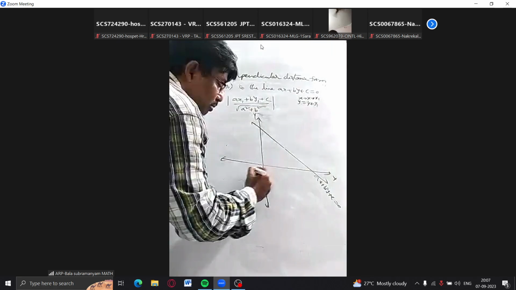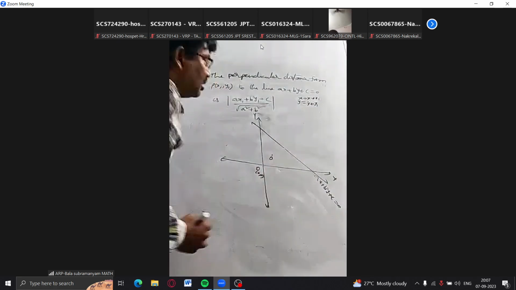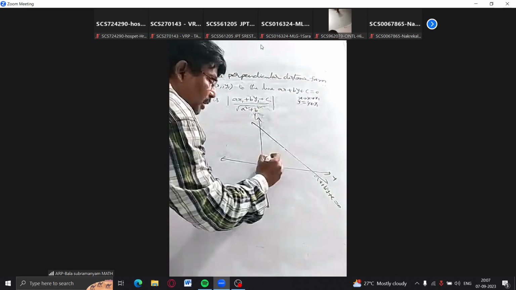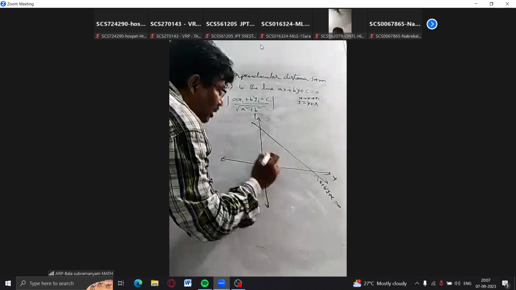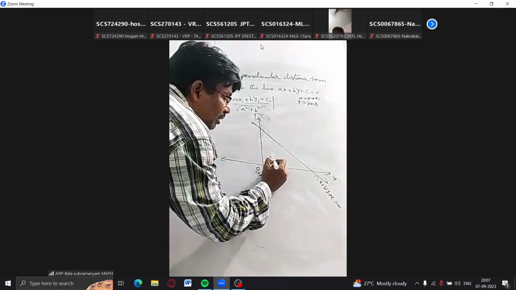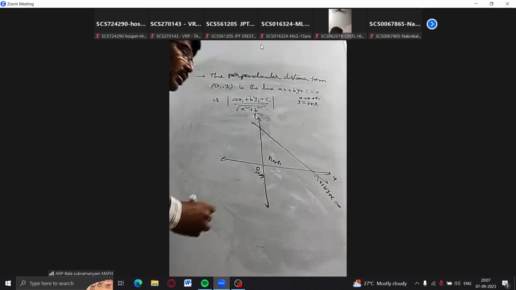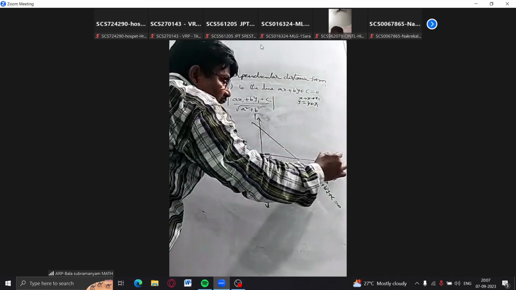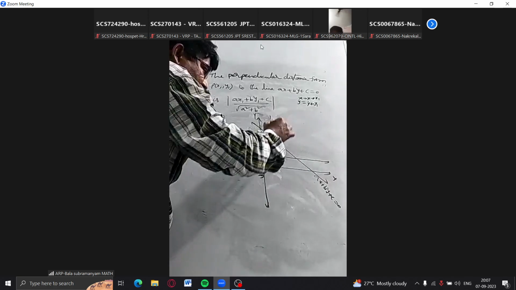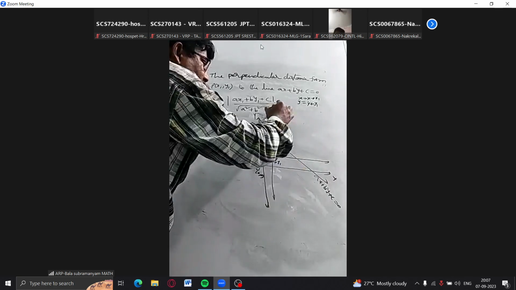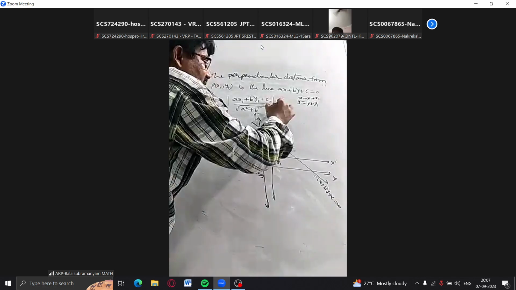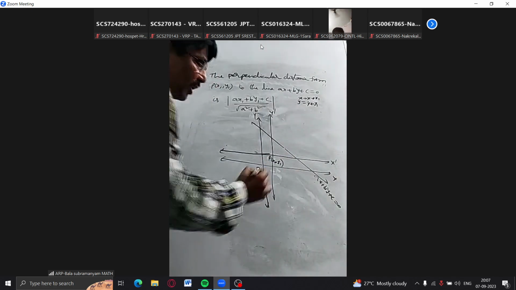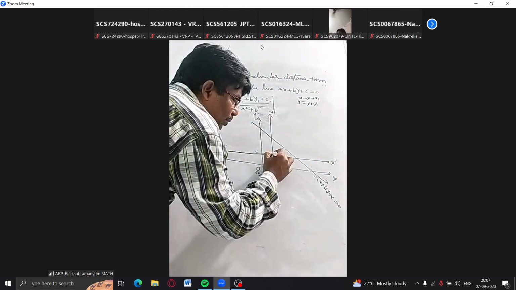Now the origin is shifted to O dash, that is the point P(x1, y1). By translation of axis, we do not change the directions of the x-axis and y-axis. This is the new system, x dash, y dash. Now find the distance from P to this line.